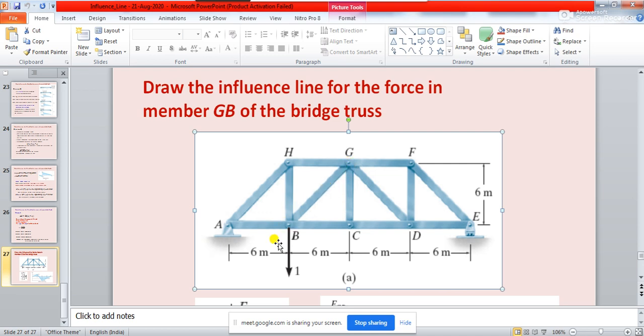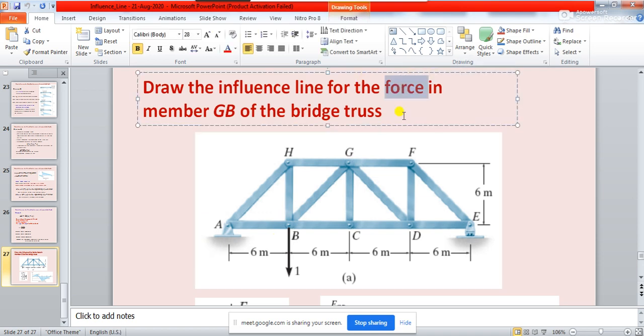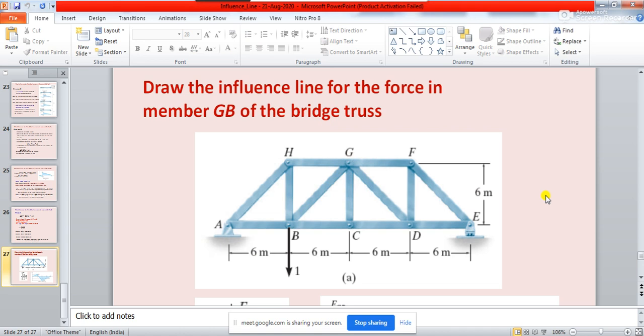You are asked to find the influence line for the axial force in this member GB of this bridge truss. So you'll have to construct the influence line diagram for this.